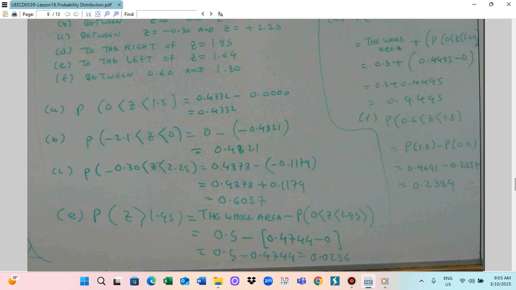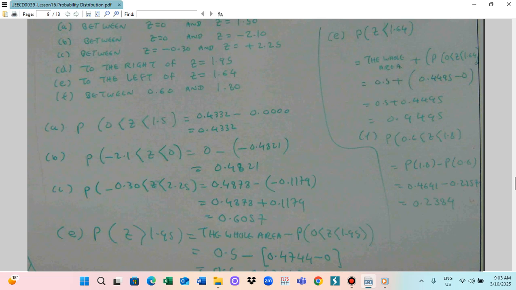So read the 1.95. 1.95 is 0.4744. 0 is 0. So this means 0.5 minus 0.4744, so this becomes 0.0256. So this is the answer. Z greater than 1.95, the probability is 0.0256.